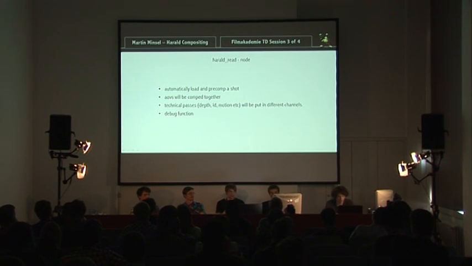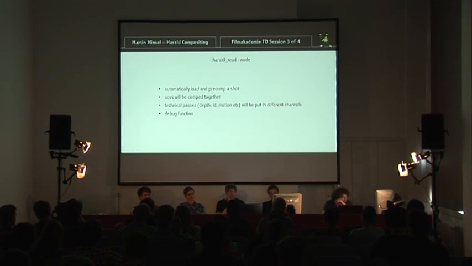The Harald read node and the Harald write node are just pipeline nodes which make it easier to load in all the 3D renderings or to write out all the final images. And the Harald Z-slice and the ID keyer are basically tools to make it easier to pick certain pieces in the images.